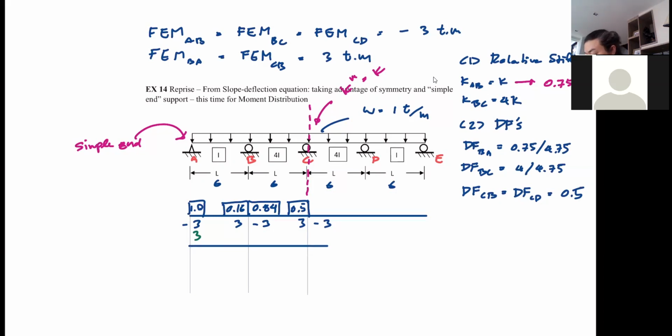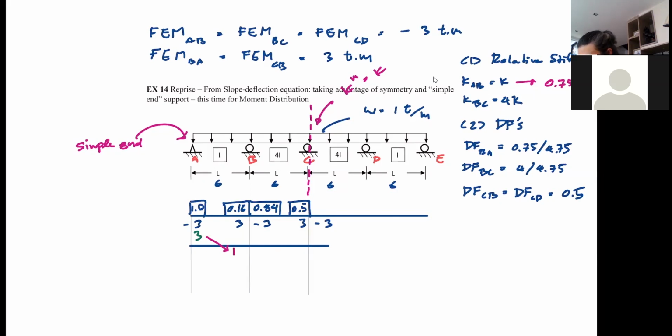Right? So this guy got distributed here. That's 1.5. And we need -1.5 to balance this. 16% only is going to come from member AB.